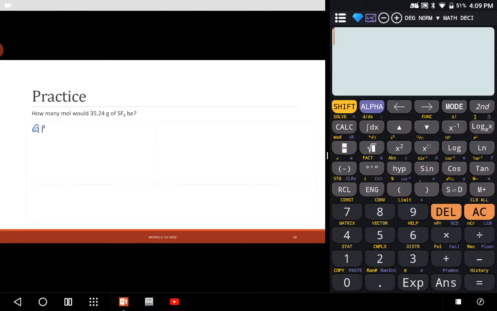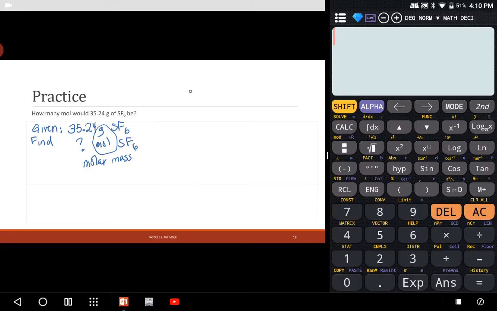So you're given 35.24 grams, and you're asked to find moles of SF6. So your change here is the unit. And so you're going to have to use molar mass as your conversion factor between those two units. So we need molar mass.